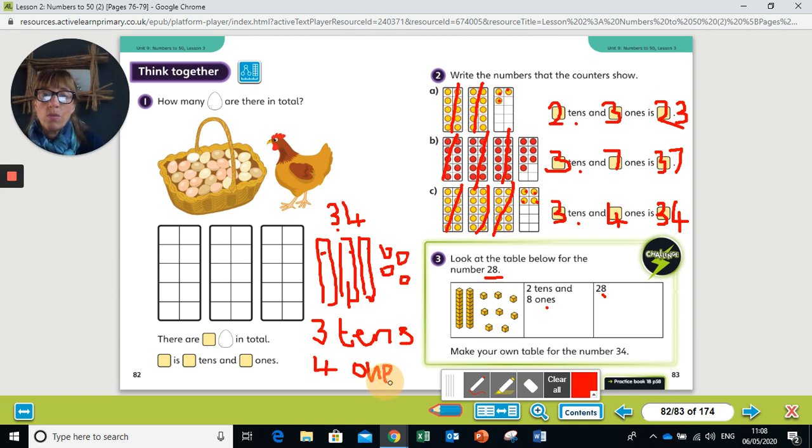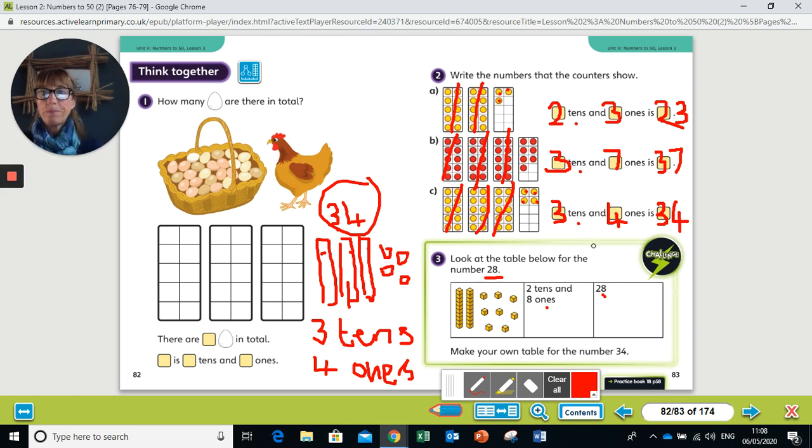Do you know what, all of you have got better handwriting than Miss Tate has on this math sheet. There we go. 3 tens and 4 ones. And then we've got the number 34. So I could draw a little picture like that. Draw a picture of my representation first, then write down how many tens and how many ones, and then write down the number. But I think together we did that challenge.